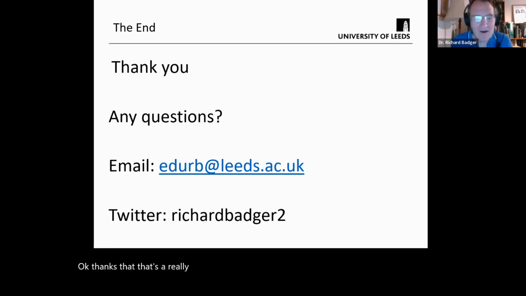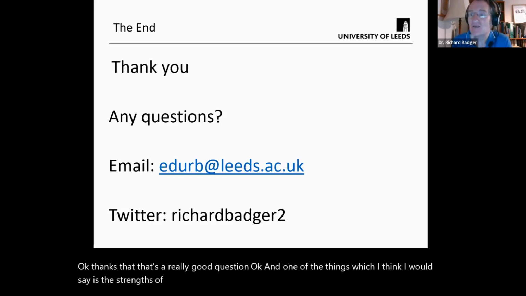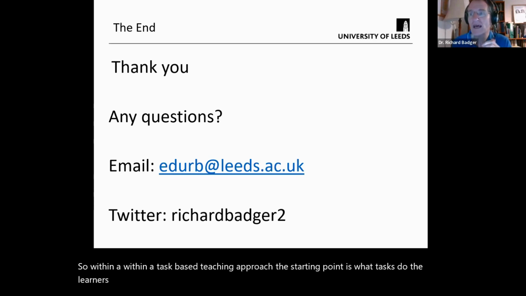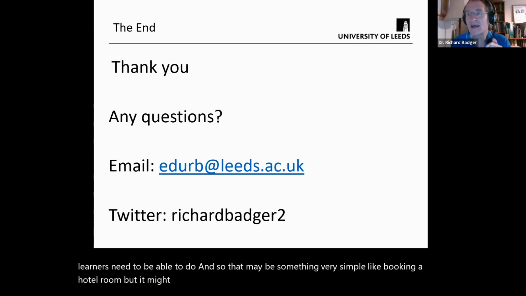One of the strengths of task-based teaching is that needs analysis is built into the classroom. Within a task-based approach, the starting point is what tasks the learners need to be able to do. That may be something very simple like booking a hotel room, or something more complicated like writing an academic essay.